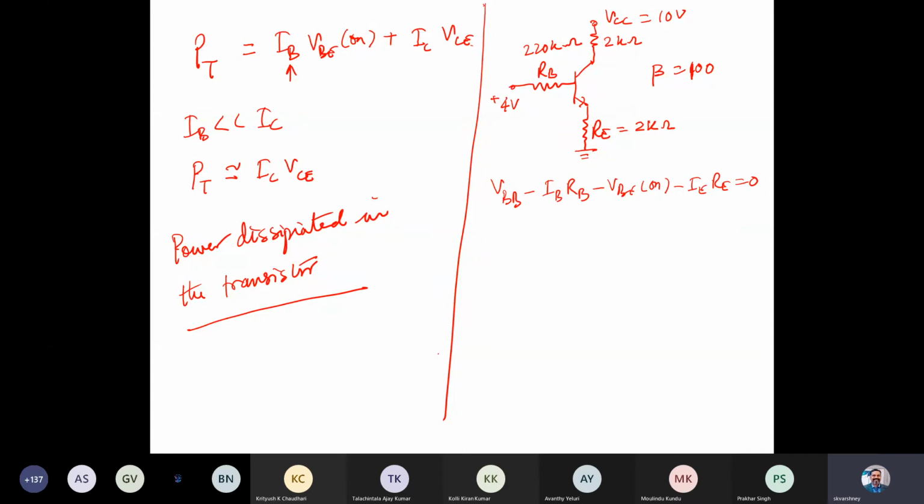Basically IE you can correlate with IB as 1 plus beta times IB. So the base current would be your VB minus VBE divided by RB plus 1 plus beta into RE.